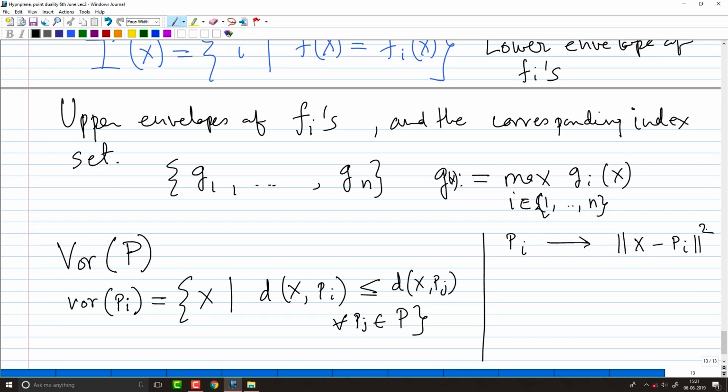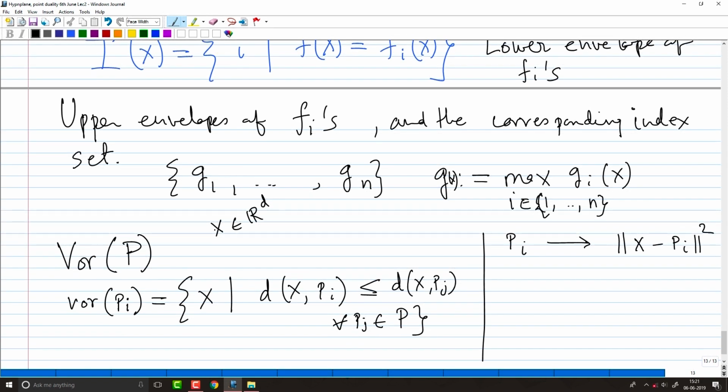Okay. So, Voronoi diagrams can be defined in different ways. One way is if I give you an x in Rd, you should tell me what are the pi's inside whose Voronoi cell x lies.